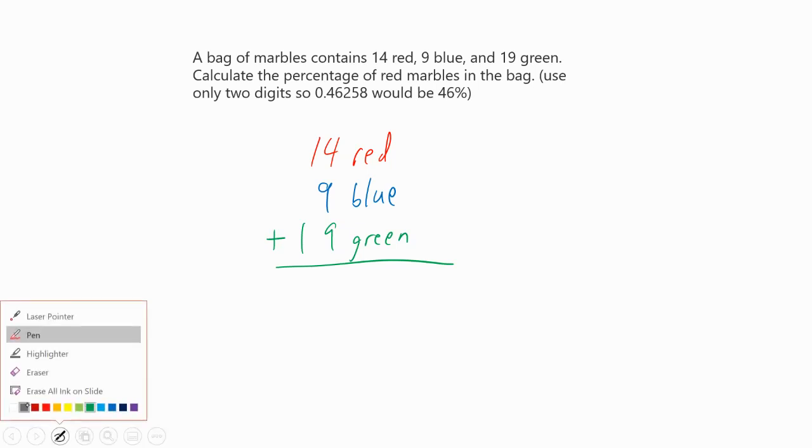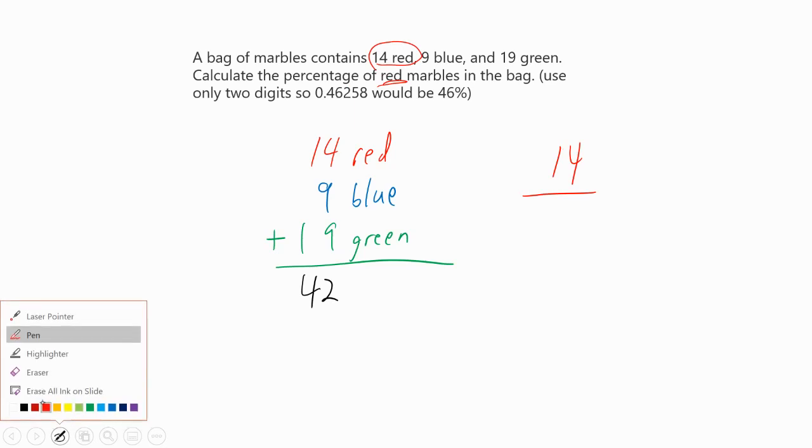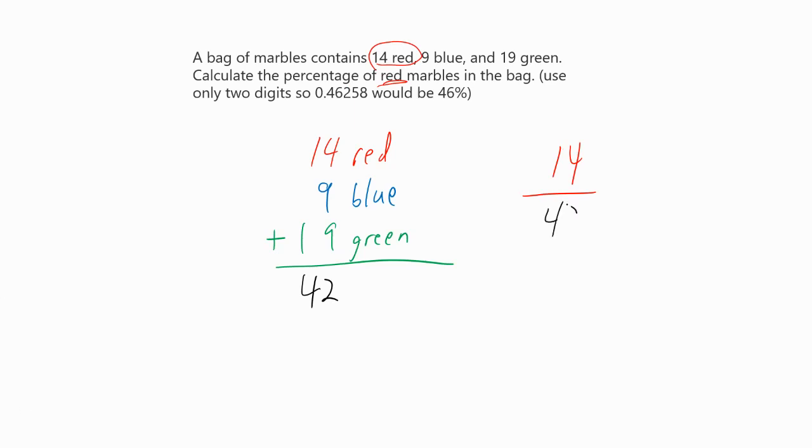And to figure out the percentage of anything, we're going to take whatever that was. In this case, we're looking for red, right? Percentage of red. So we just want the 14, and we divide it by the total, which in this case is 42. And 14 divided by 42 gives you a decimal 0.333.